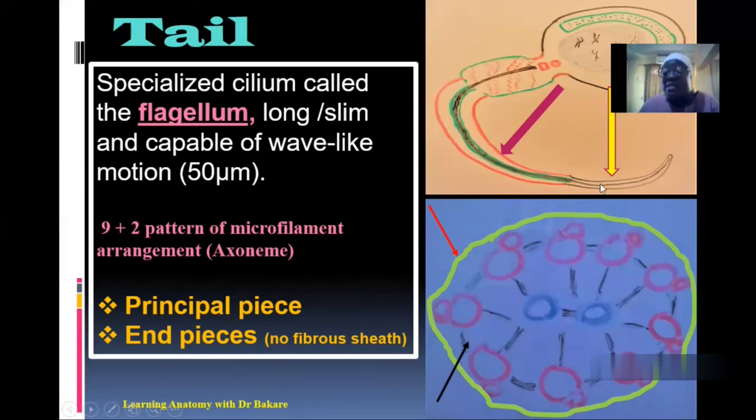So the difference between the initial segment, the principal piece, and the terminal segment of the tail, the end piece, is the loss of fibrous sheet. What is seen in this terminal region is just the arrangement of filamentous microtubules covered by the plasma membrane. We know that the plasma membrane encloses the entire structure of the sperm cell.